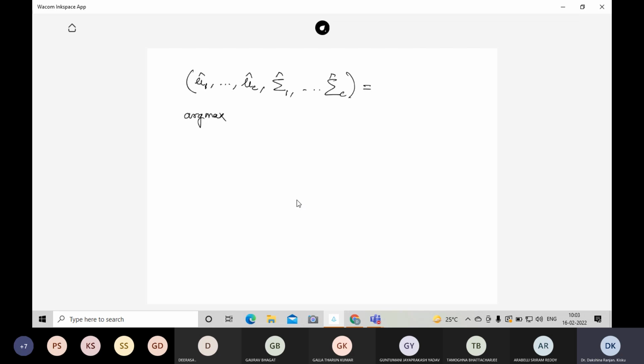So first we estimate the likelihood of the given example in terms of the class density, and then we will try to maximize it. So here we can write mu1 to mu c, comma sigma 1 to sigma c, where i equals 1 to c.